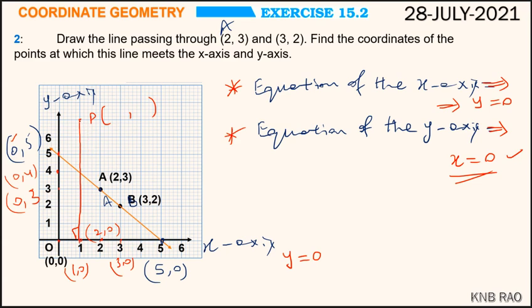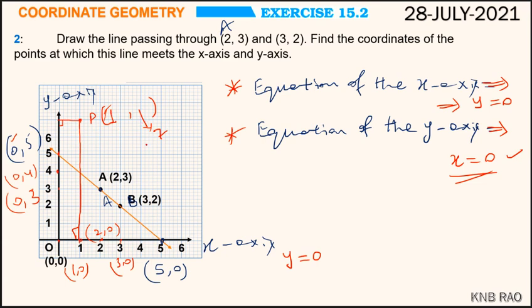Distance from a point to the y-axis, that perpendicular distance is called the x coordinate.